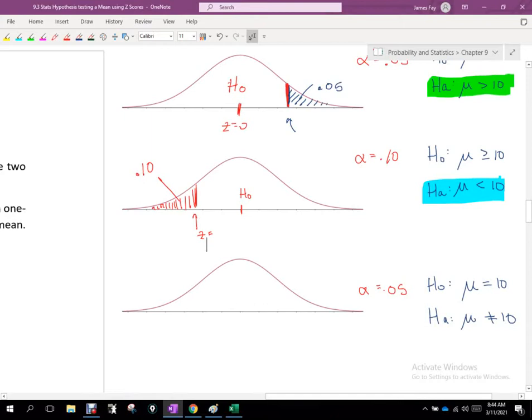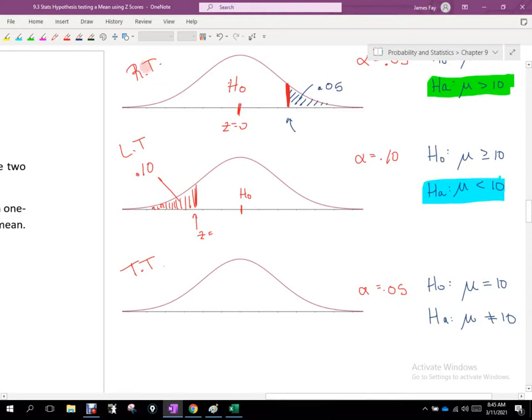In that case, because it's to the left, you would keep it negative. Yes, good question. So this was a right-tailed test, this is a left-tailed test, and this is going to be a two-tailed test.